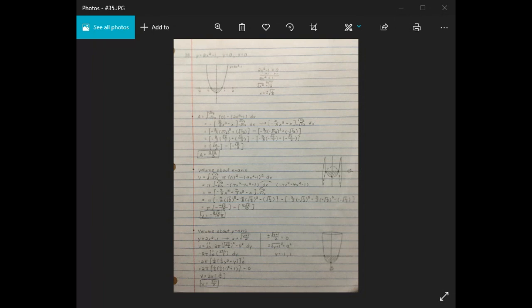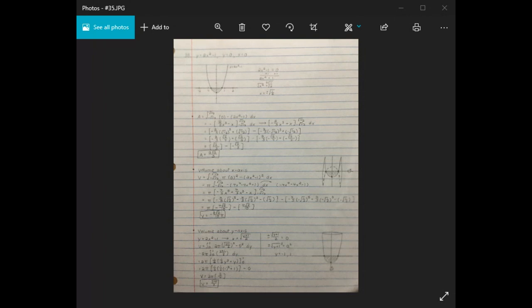Then I set 2x squared minus 1 equal to 0 to find the x values, which is plus or minus the square root of 1/2. So those would be the limits for the area, the integral from negative square root of 1/2 to square root of 1/2.